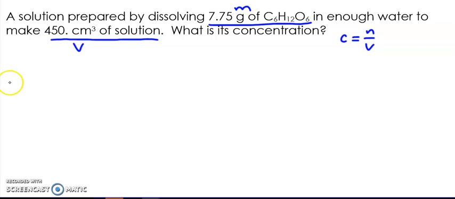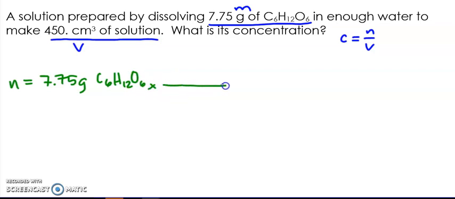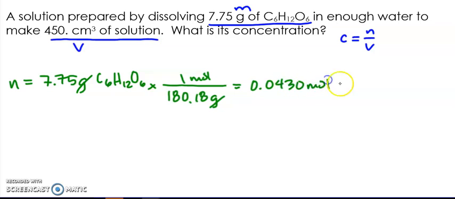So our moles will be, if we take 7.75 grams of C6H12O6, we determine its molar mass. So if I add that up with carbon, hydrogen, oxygen in this ratio, I have 180.18 grams per mole. So that divides out my grams. So this tells me that I have 0.0430 moles of my C6H12O6. All right, so I've got my n.